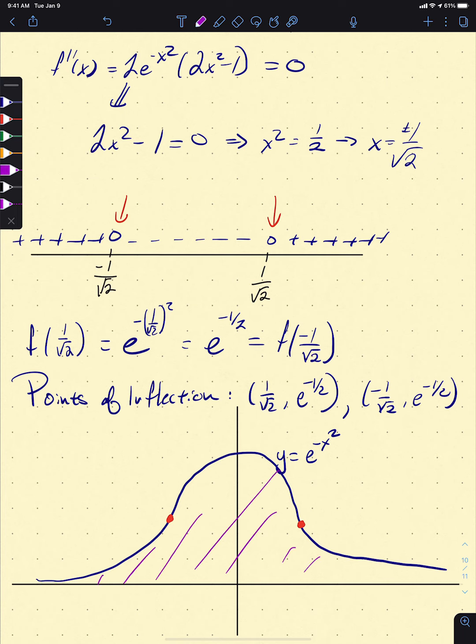It's always fun to find connections between e and pi. There are more than you think, but unfortunately, even though I think it's very interesting, it's well beyond the scope of this course. It is a little fun fact that if you add up all of that area, you get the square root of pi. We'll do one more quick example.